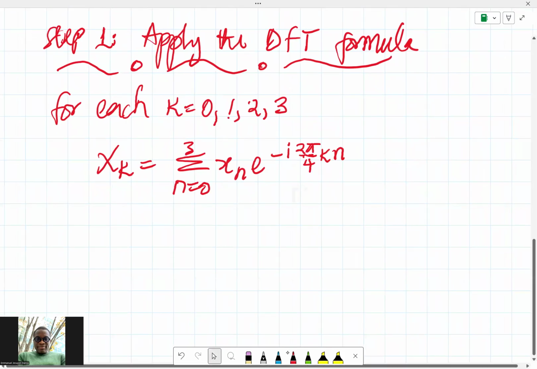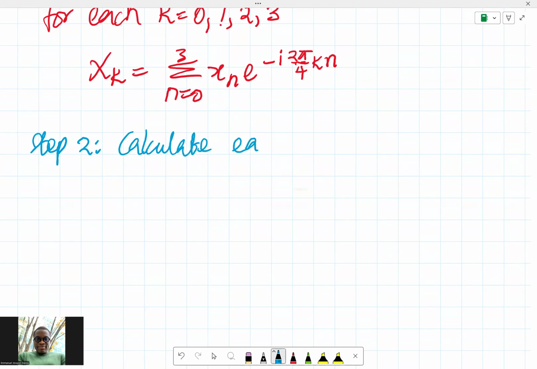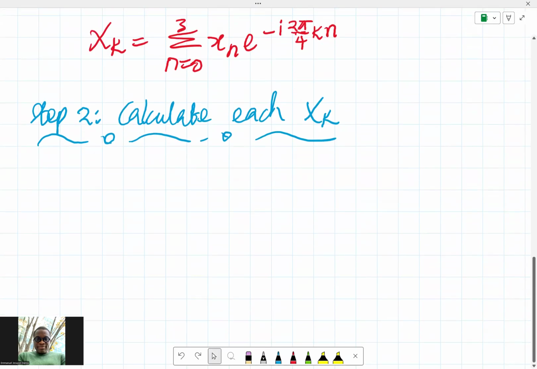So that's step 1. For step 2 now, we want to calculate each X k. So we just go.